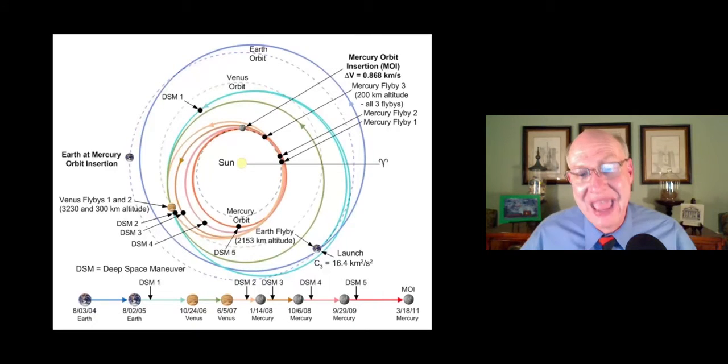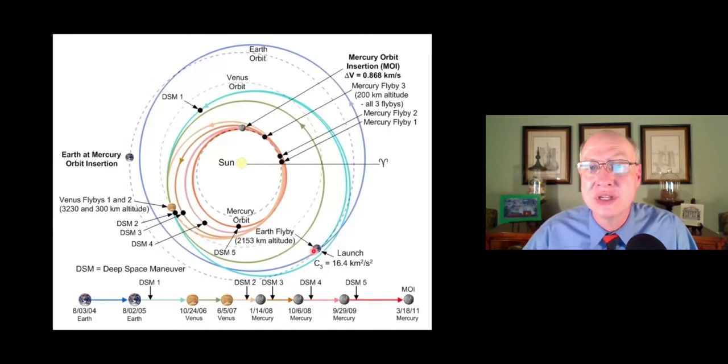What we had to do instead was put it into an elliptical orbit. It went around the sun once, and a year after launch, in August of 2005, it had a close encounter with the Earth. And the Earth's gravity bent the orbit of the spacecraft so that now it went to the inner solar system.